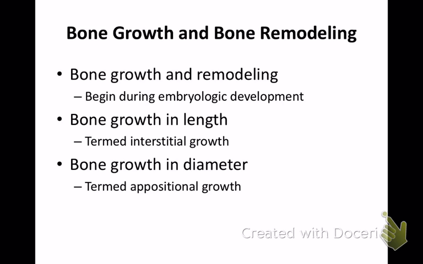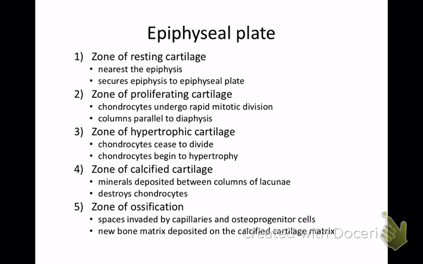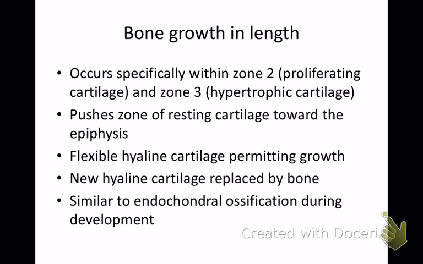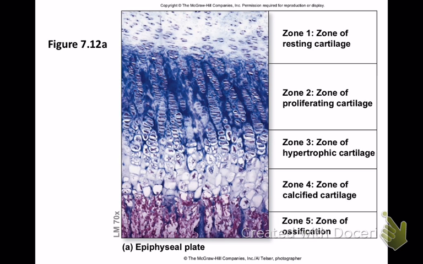So we're going to grow in length, of course, and we're going to grow appositionally as well to get thicker. We're going to focus very briefly on the epiphyseal plates, and I'm not too worried about the names of the layers as I am about the picture, which, there it is, skipped it.